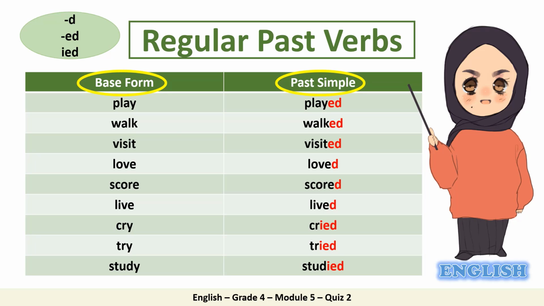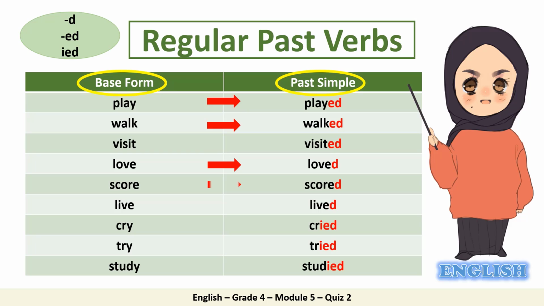Look at this table for the regular past verbs. It's divided into two columns, one for the verbs in the past form, and the other one for the verbs in the past simple form. Let's read some of them together. Play, played. Walk, walked.